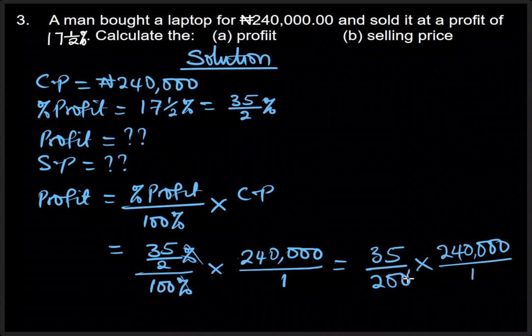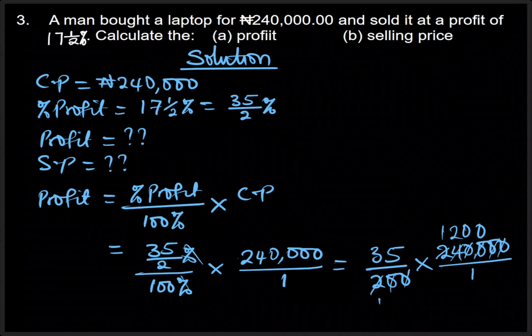All right. So 0, 0 cancels 0, 0. So 2 into 2 is 1, 2 into 2 is 1, 2, 0, 0. So at that point, we are having 35 times 1,200.